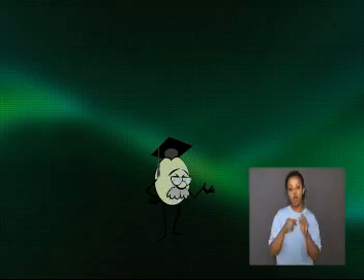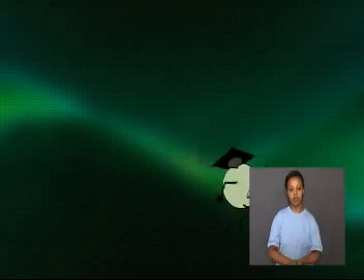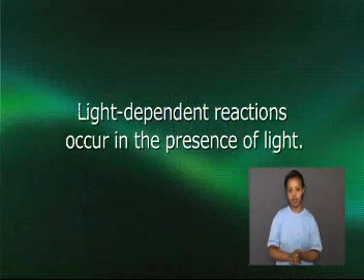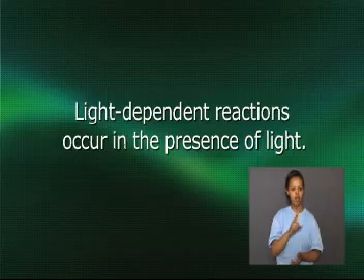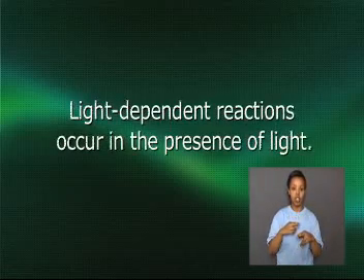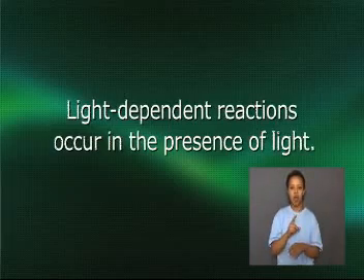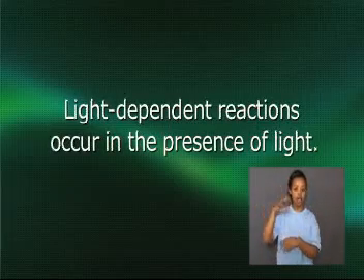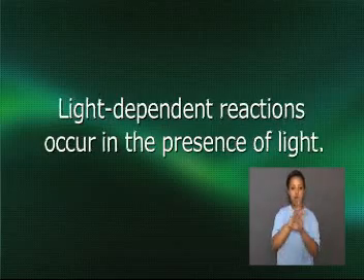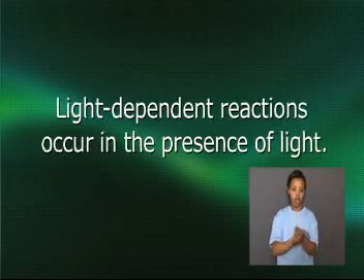Let's get back to our lesson. Welcome back, students. We know that the light-dependent reaction occurs during the first stages of photosynthesis while in the presence of light. It converts light energy into chemical energy.